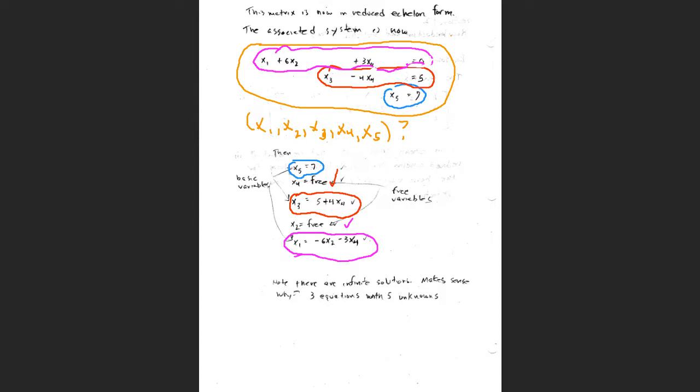So you have two free variables and three basic variables. And this means then, since x4 and x2 are free, there are infinite number of solutions. And it makes sense because you have three equations with 5 unknowns. It's an underspecified system, so to speak.